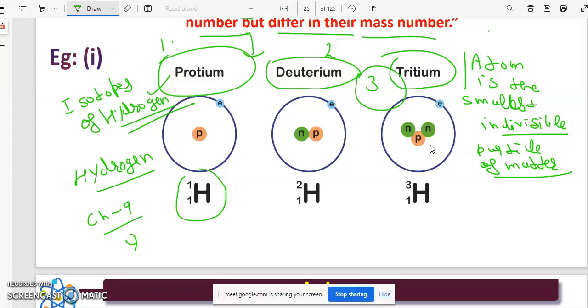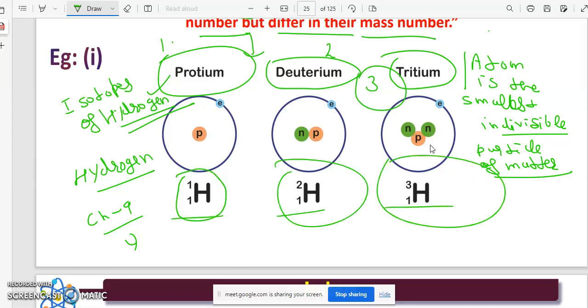So can you see here, in all these, what is the same? Is the atomic number the same or the mass number the same in all three? Yes, the mass number is different. Tri means 3, so by this word you can easily keep in mind that tritium has a mass number of 3. In spite of that, the atomic number in all three is the same.